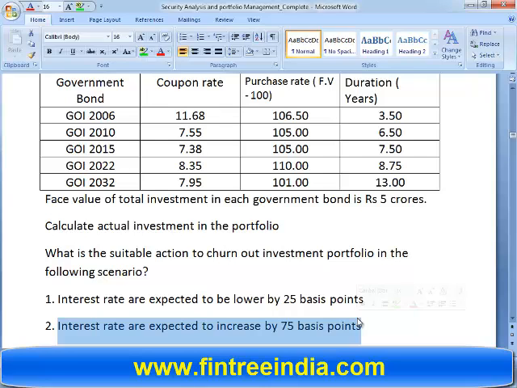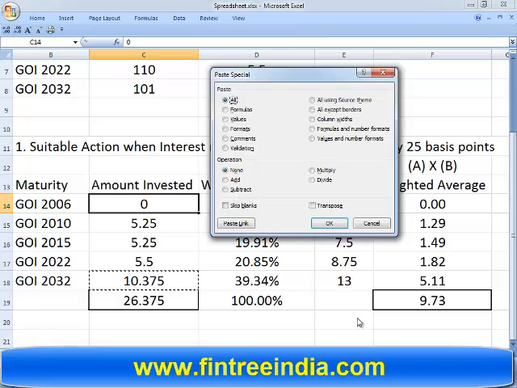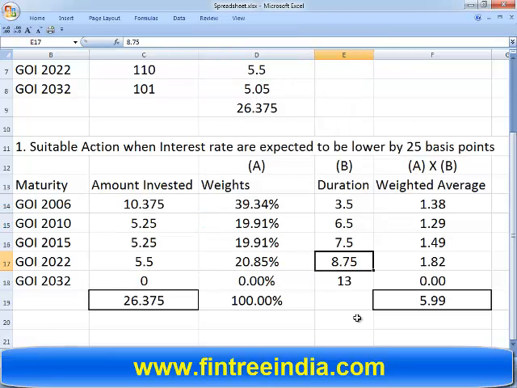Sell high duration and buy lower duration. So I'll just give you the answer. This entire 10.75 which we have here will go here, and this value will become 0. So the answer is going to be 5.99. If you can solve for 5.99, that would be the correct answer for this question.